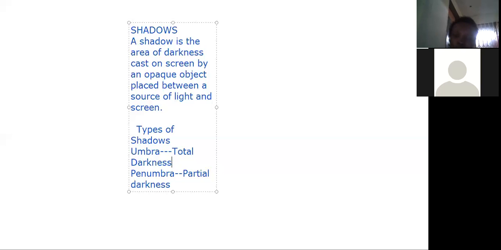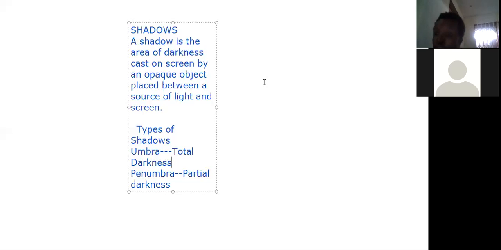So, for instance, when you're in a room at night and you just have maybe a bulb, the shadow you form will be very much deeper than when you are outside and there are a lot of street lights, like two or three. You realize that the shadow you form then is a little bit lighter or partially dark.